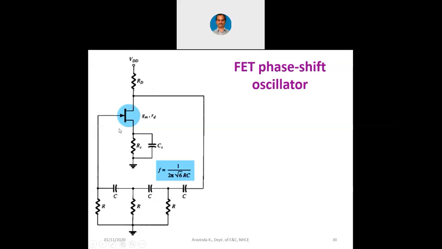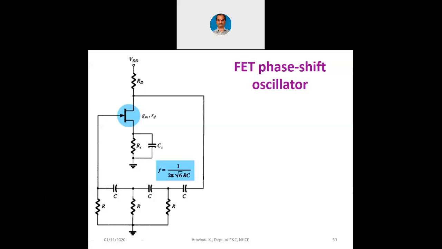We have to be careful if at all we have to use the voltage divider bias for phase shift oscillation. The reason is, if we have this voltage divider bias here, let us say we have this R1 and R2 here, now that R2 is going to be coming in parallel with R. That is why you can see here that the FET amplifier used is of self bias configuration.